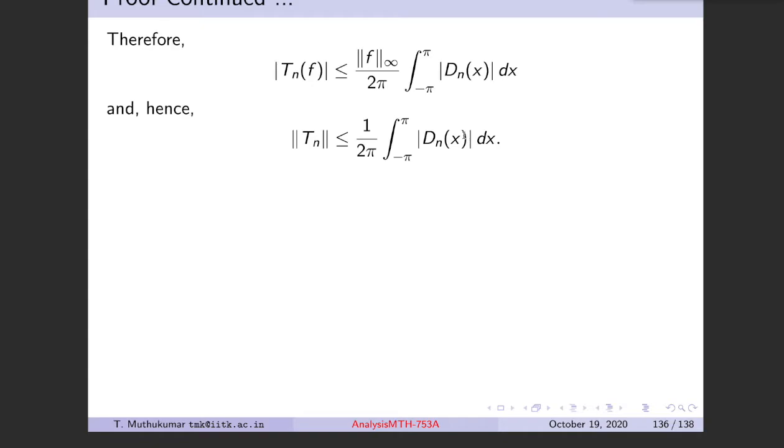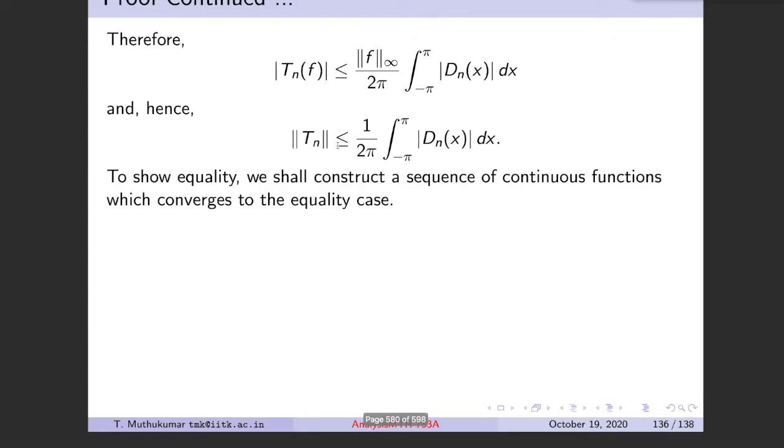But what we need to show is the equality, not the inequality. To show equality, we shall construct a sequence of continuous functions which converge to the equality case. We just show that this upper bound is achieved, and then we write it as equality.